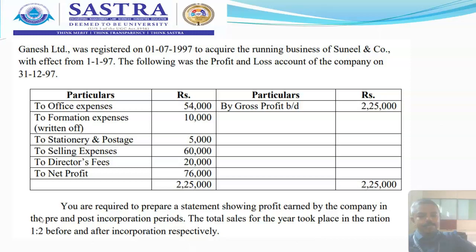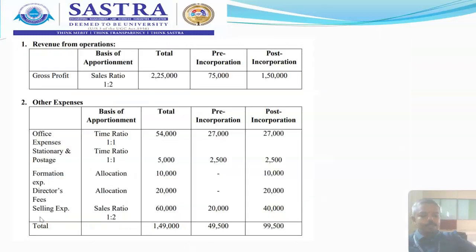Already it is given, but we need to calculate it by subtracting all the expenses from the gross profit. That amount needs to be verified for the pre-incorporation period as well as the post-incorporation profit amount. So now I will show you the answer part for the benefit of your verification in your notebook.